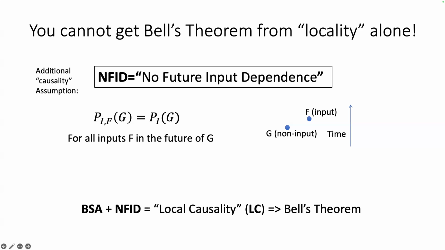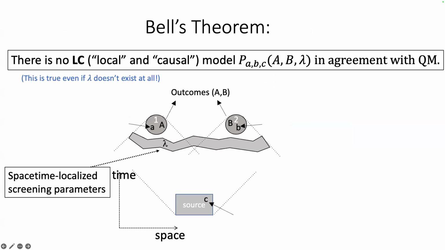And the theorem says that if I try to fill in this gap here with hidden variables, lambda, and I enforce these two conditions, the Bell screening assumption and the no future input dependence, so local causality, then there is no model that's going to agree. No model. It can't be done. And this should have been big news.